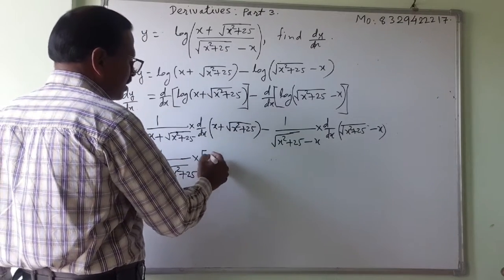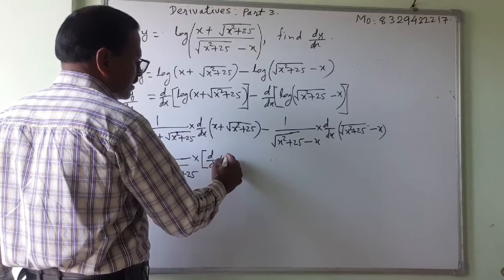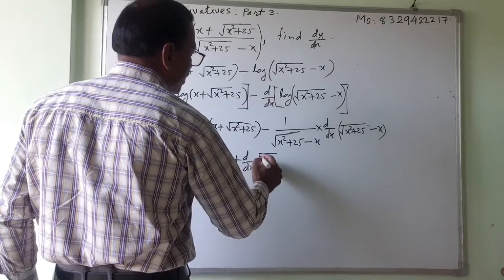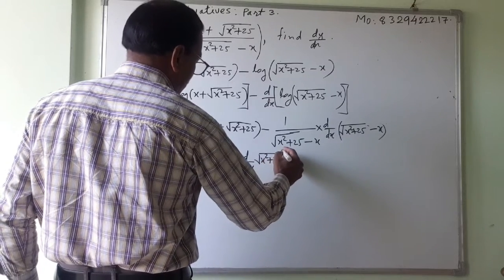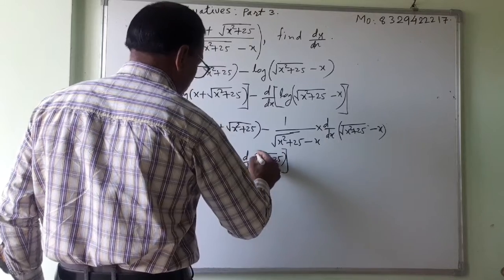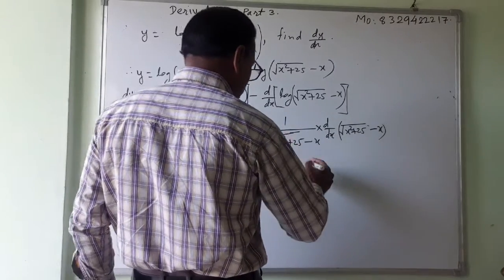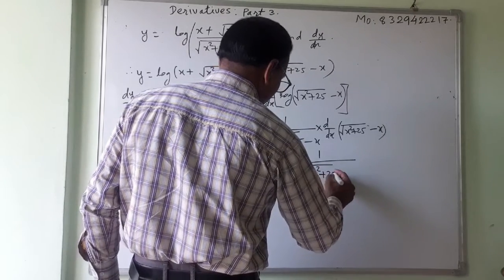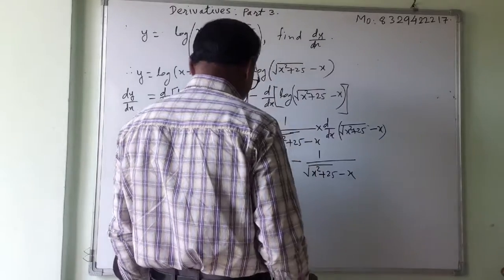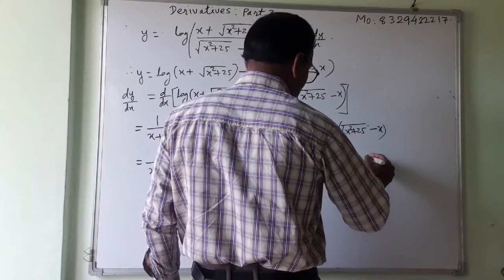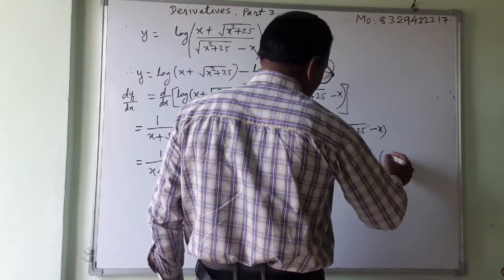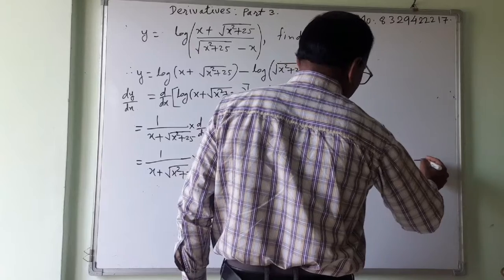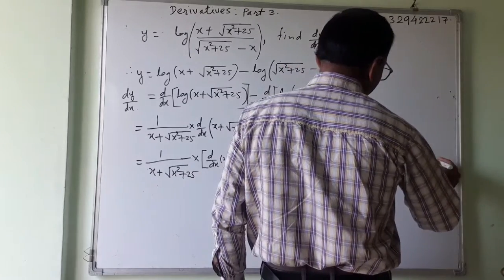So 1 by 1, d by dx of x plus d by dx of under root x square plus 25, minus this also 1 upon under root of x square plus 25 minus x into, for this also, d by dx of under root x square plus 25 minus d by dx of x.